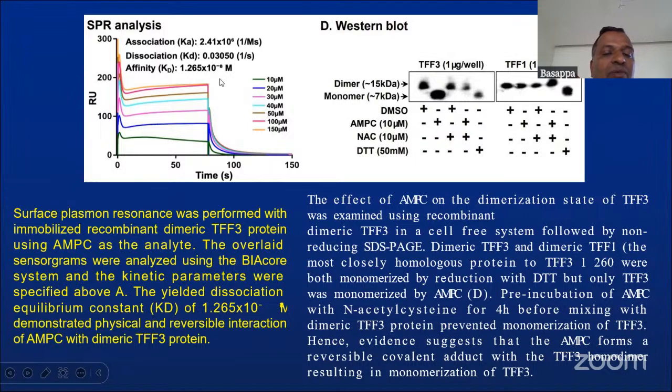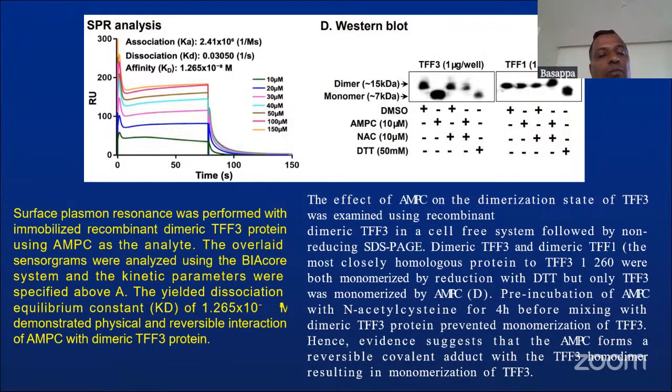If we use the AMPC as the analyte and increase it, the response unit goes higher. That means, depending upon the concentration, the compound binding to trefoil factor 3 was observed upon immobilizing the protein onto the streptavidin sensor chip.